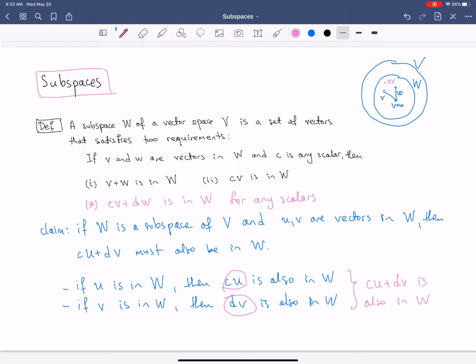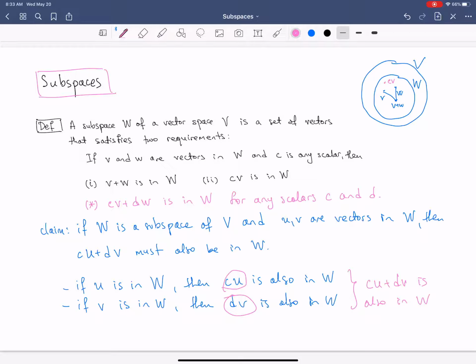We have to include that scalar d. So you could look at the two rules, the sum of vectors and scalar multiples of vectors. If you have those two rules, it's the same as saying that you have all linear combinations in the subspace. And this actually gives us a way to think about creating subspaces.